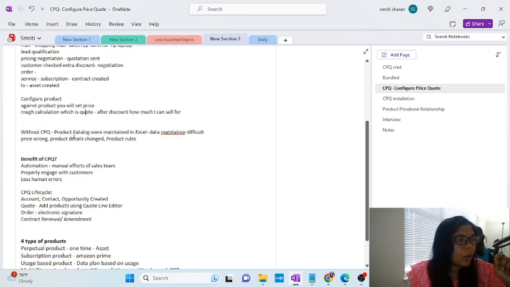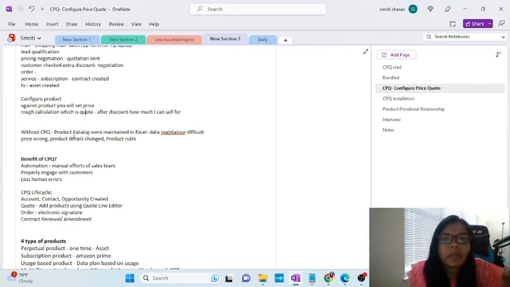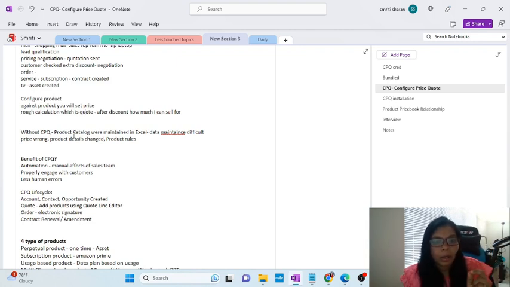So I understand what CPQ is, but why do we actually need it? What is the problem if we don't have CPQ? Without CPQ, the products were maintained in an Excel file. It was very difficult to maintain, because if the price changes, you have to update the price again, and if you have already sent an order to the customer, you have to update those things too.